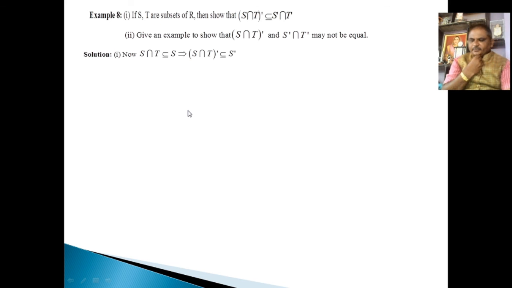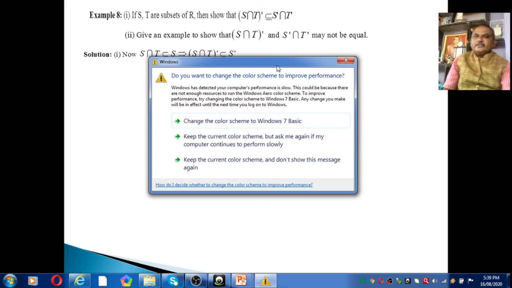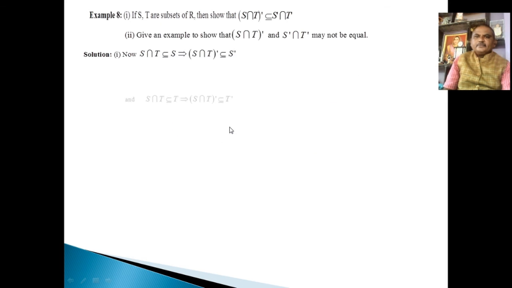Now, first consider S intersection T is a subset of or equal to S. This implies, by the first example, that the derived set of the left-hand side is a subset of or equal to the derived set of the right-hand side.